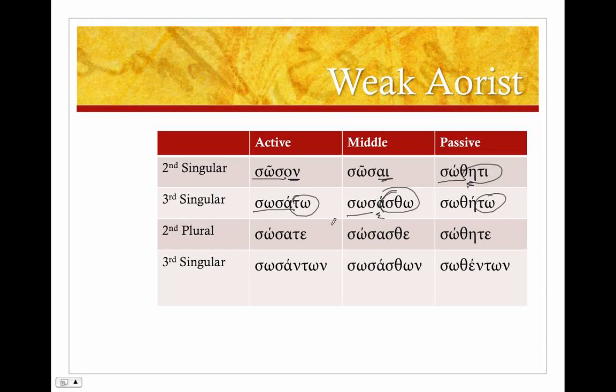There's our tō, just like we had in the active. And remember, the aorist passives have actually active endings. Sōsate, same as the indicative, except no augment. Sōsasthe, same as the aorist middle, except no augment. And sōthēte. And this too, same as the aorist passive, but no augment.